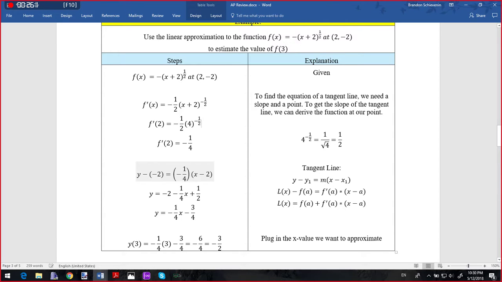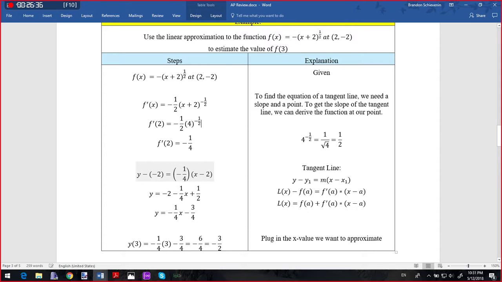But I'm going to figure out what the value of f of 3 is. So if I plug in 3, I should get my estimate. I'm going to solve for y though, so I can be in the form for linear approximation. Just if you wanted to be able to solve for any x value, I could solve for y instead.